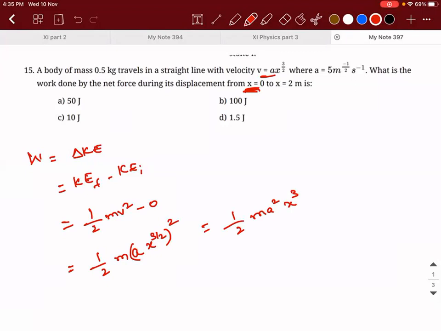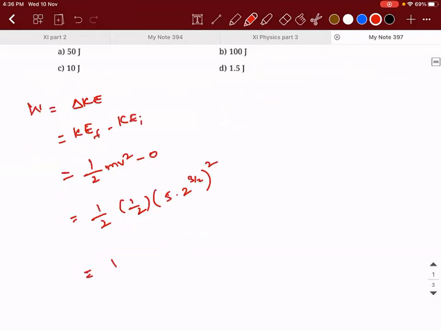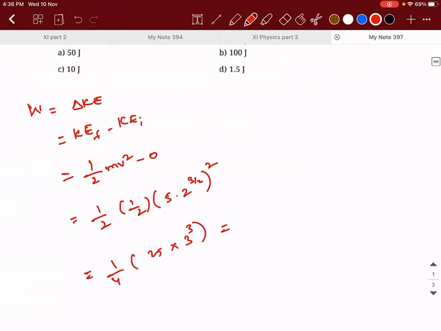Actually, what am I doing? We don't need this, right? I thought we need to integrate it. So just substitute the value, you'll get the answer. Half into mass is half into v square, that is 5 into x, which is 2. So 5 into 2 power 3 by 2, the whole power 2. So 1 by 4 into 25 into 3 cube. What is the answer? 50 joules.